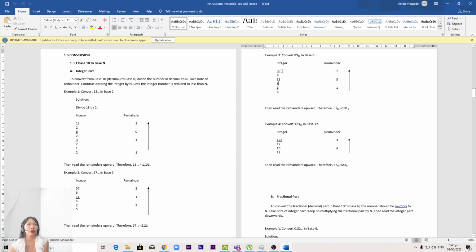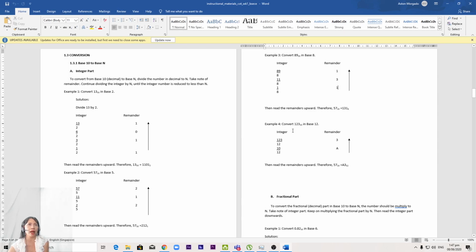So 89 divided by 8 is 11 with remainder 1. Then 11 divided by 8 is 1 with remainder 3. Since 1 over 8 is already less than 1, you just simply copy 1 here and then read upwards. So it's actually 131. So therefore 89 base 10 is equal to 131 base 8.